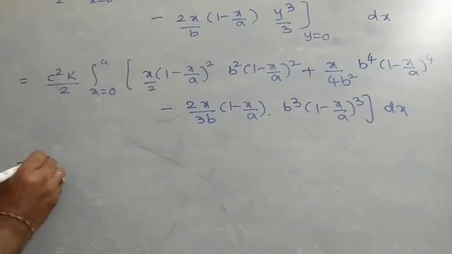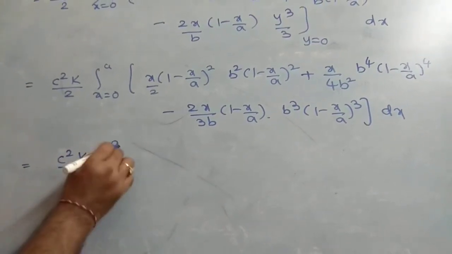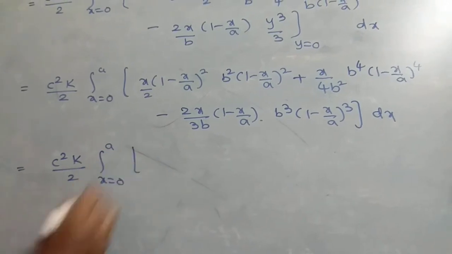So this is equal to c square k divided by 2, x integral 0 to a. So directly I am making the simplification.